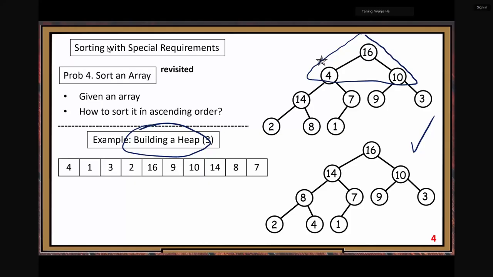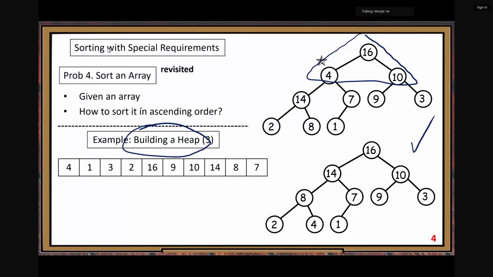So the next thing you need to do is estimate the building cost. Here it looks pretty complicated, right? You scan all the levels, from beginning to end. How do you estimate the number of comparisons? Swaps and comparisons are pretty much the same number, so we only need to count the number of comparisons.